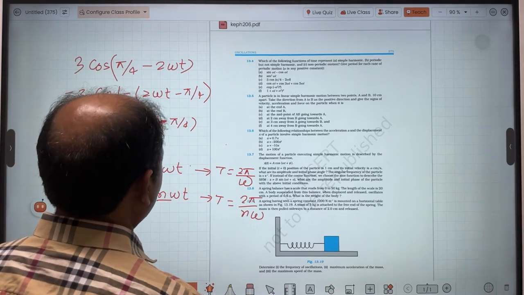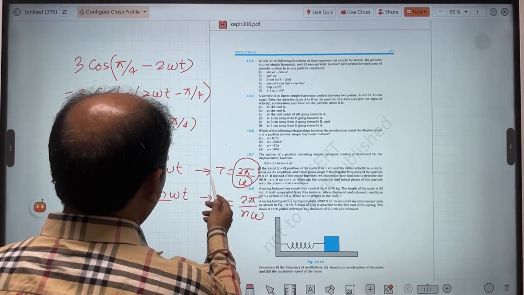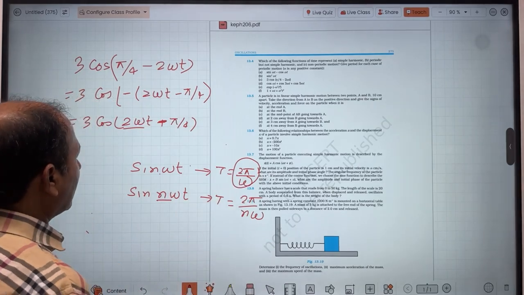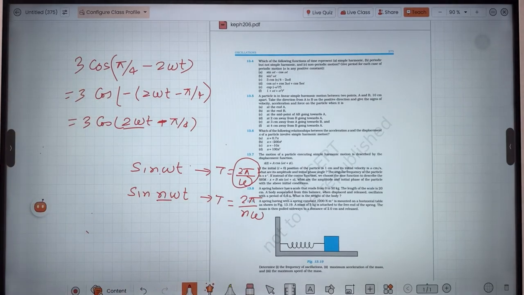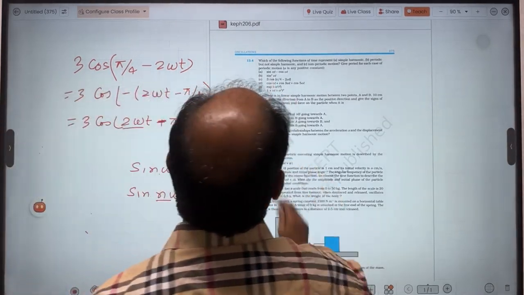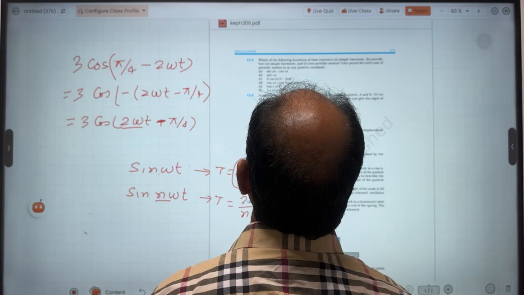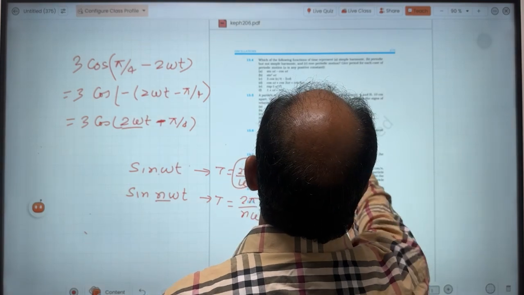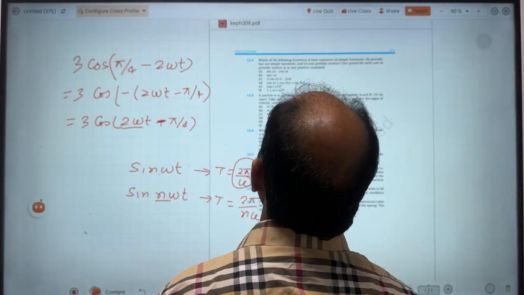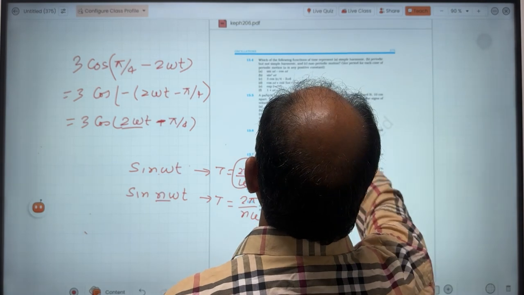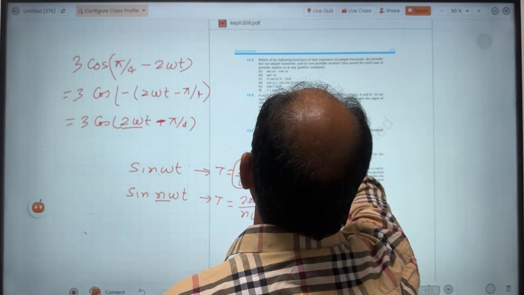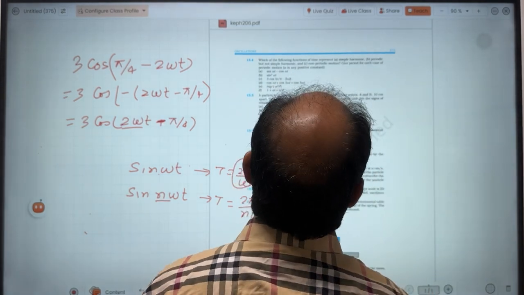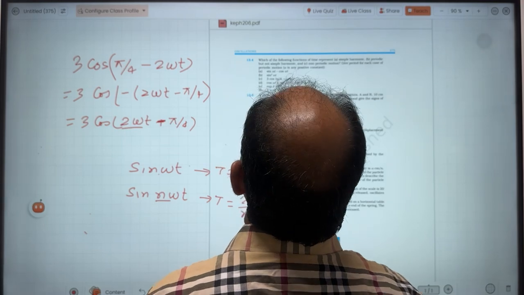So wherever it occurs, you can easily tell in terms of this T, it will become T upon n, right? So you can easily tell here also. What do you observe? Cos omega t, cos 3 omega t, cos 5 omega t separately represent simple harmonic motion, but in a combined way they will not represent it.